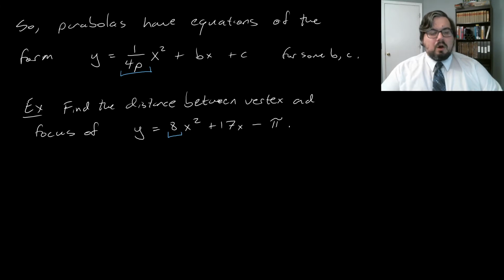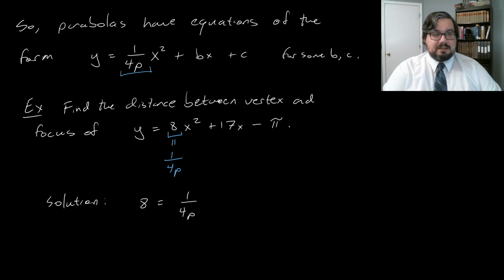We only need to look at the coefficient of x squared. This is what equals 1 over 4p, where p is exactly what we're asking for, the distance between the vertex and the focus of the parabola. So the solution is simply to take 8, set it equal to 1 over 4p, and solve for p.